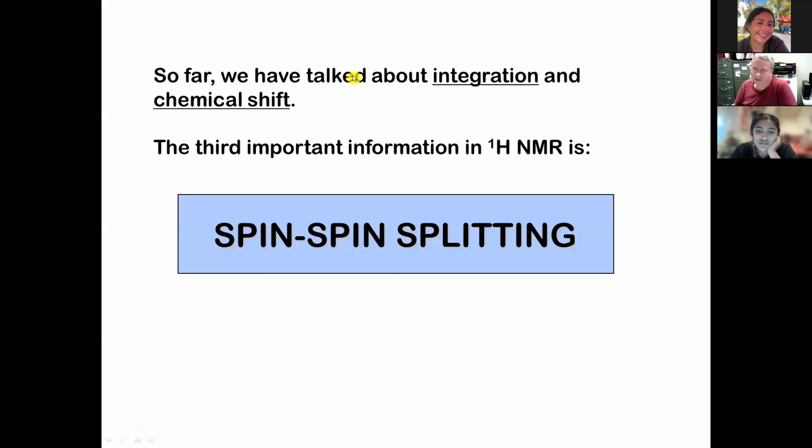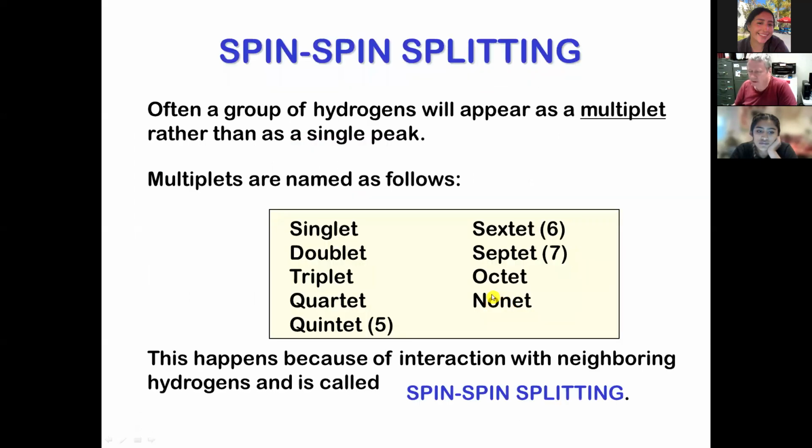Okay, so now let's move to the third topic. We talked about integration, we talked about chemical shift. Now let's talk about splitting, or spin-spin splitting. Let's first mention what the types of splitting are. Often a group of hydrogens will appear as a multiplet rather than a single peak.